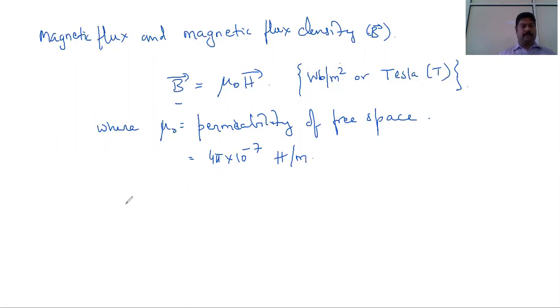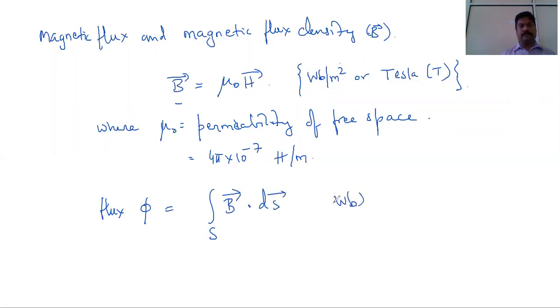So how do we relate flux to magnetic flux density? The flux phi. So what is flux? Total number of lines of force that pass through a certain area. So basically it's the number of lines of force. So flux phi equals surface integral of B dot ds.